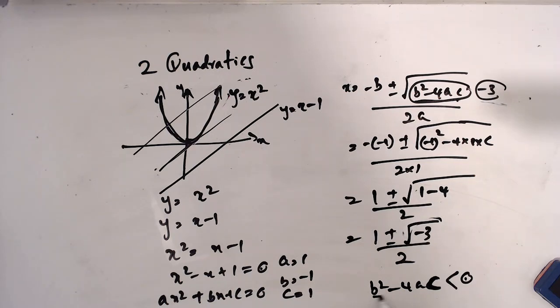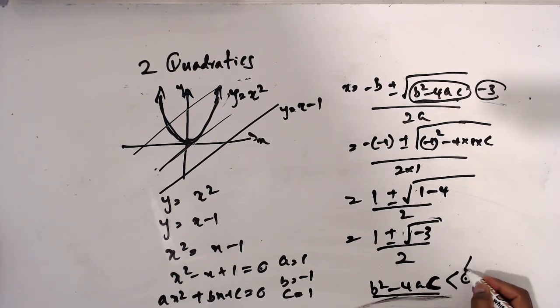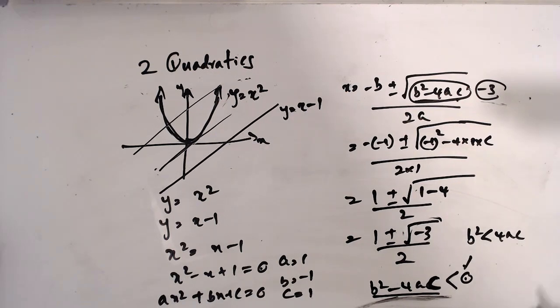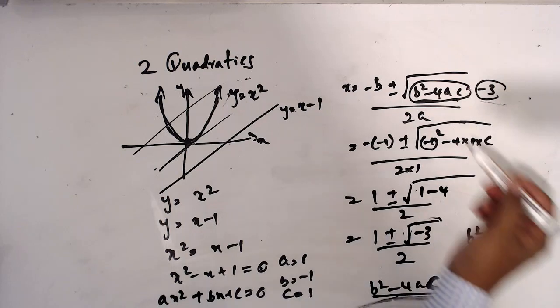If you see b square minus 4ac less than 0, or in other words, b square less than 4ac. I take minus 4 rather than, but this is happening here, isn't it?